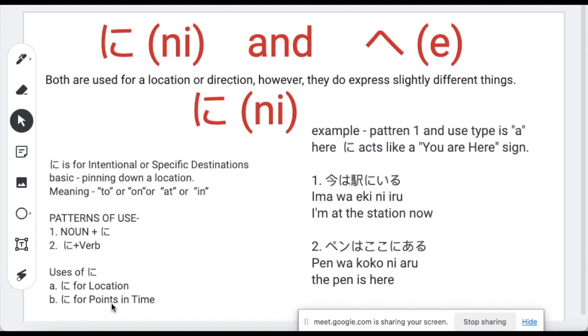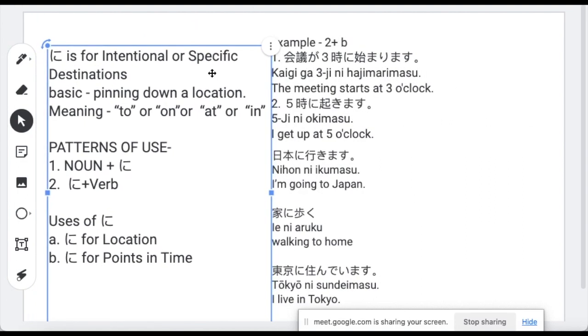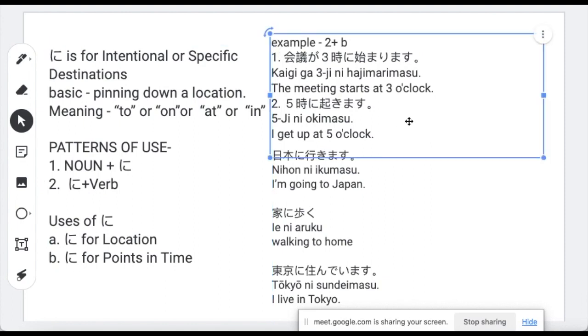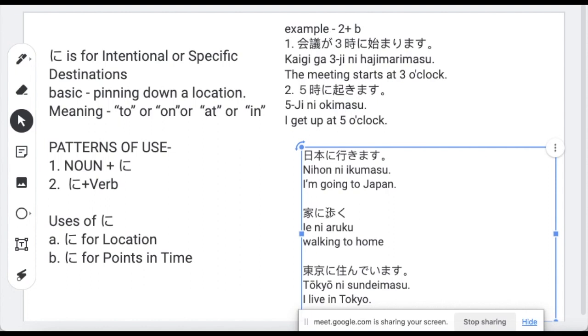Ni for pointing in time. Okay, so pointing in time, the same thing. We are using the second pattern, the second use of ni. Okay, time plus ni.